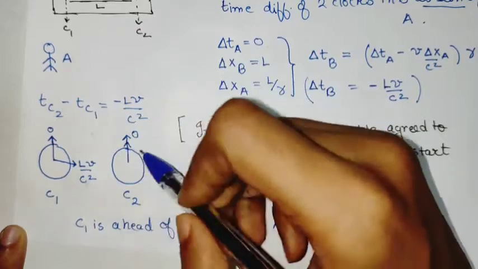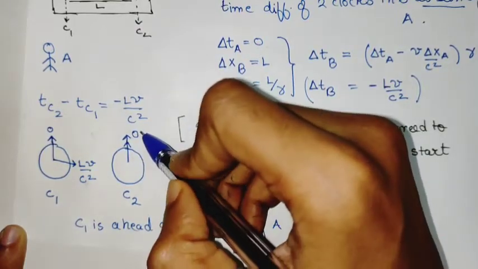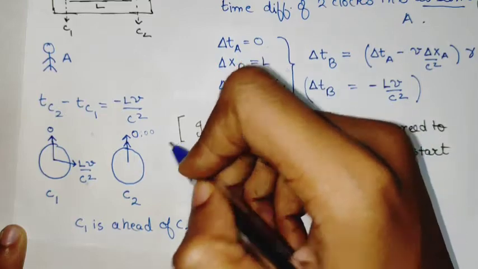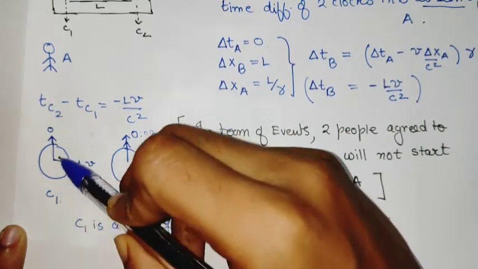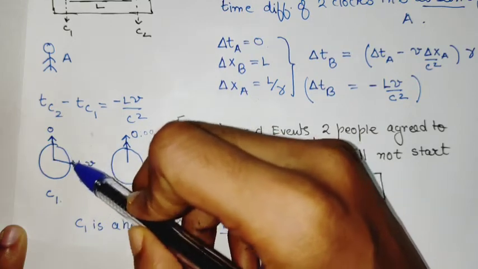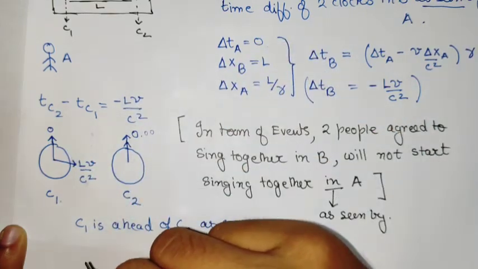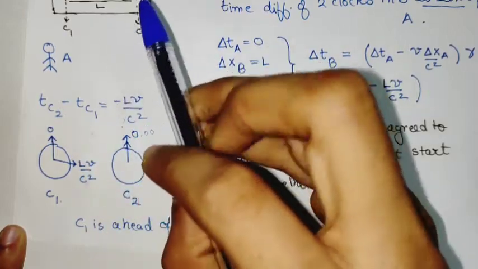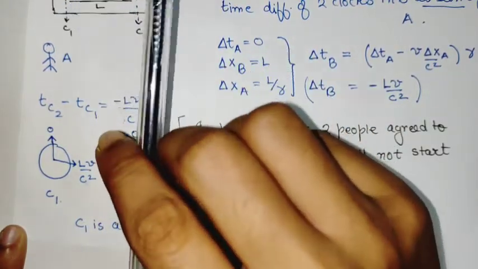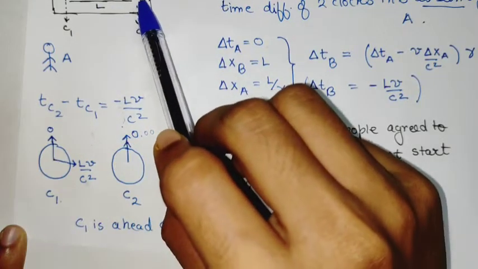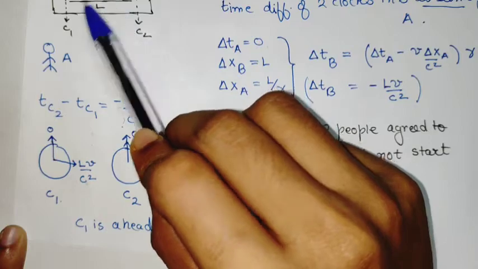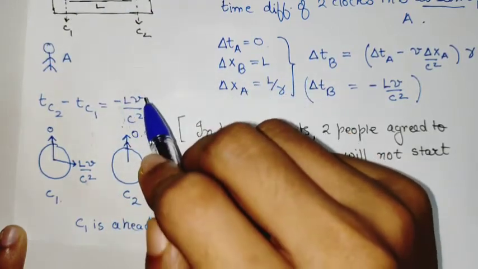So when C2 is, suppose, at 00, which is 12 o'clock, then C1 is reading a time greater than 0 by LV over C square. So the clock at the rear end is running at a faster pace than the clock in the front in the frame of B as observed by A.